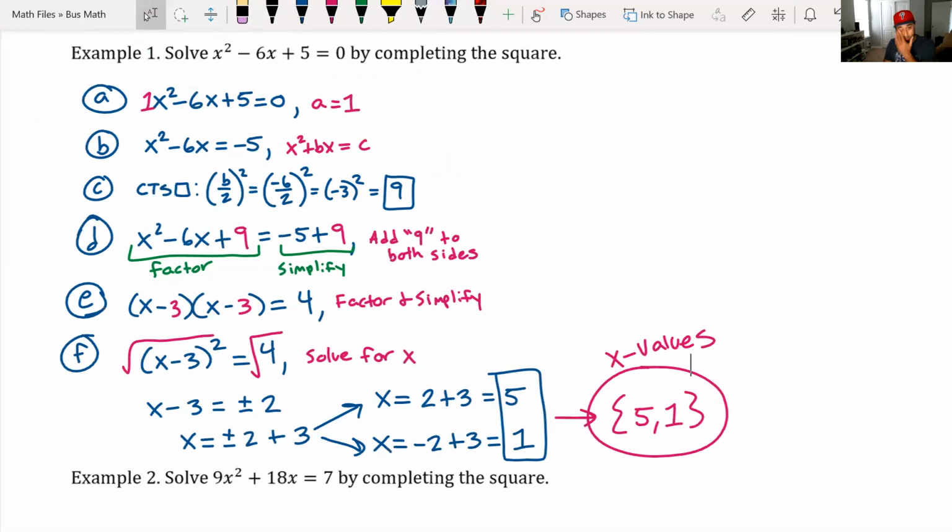Okay. That is how you complete the square on an equation. And we'll try it again on the next example.